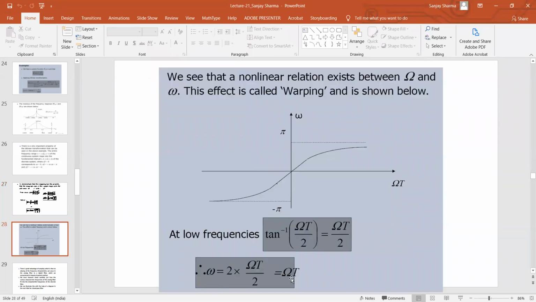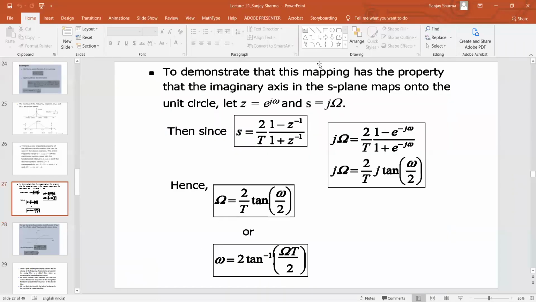My digital frequency is equal to analog frequency into T, which is our usual relationship between the digital frequency and the analog frequency. But this is true only for the low frequency. All right. The actual relationship is this relationship. If we use bilinear transformation, we get this relationship between the digital frequency and the analog frequency.